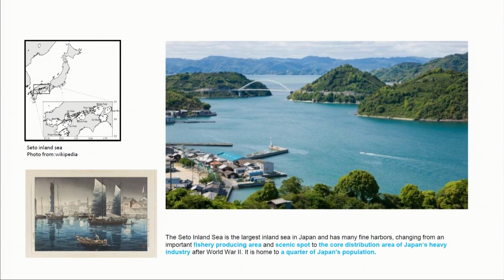The Seto Inland Sea used to be the most beautiful fishing area and scenic spot in history. However, after World War II, it was changed into the core distribution area of Japan's heavy industry, and at that stage it was home to a quarter of Japan's population.